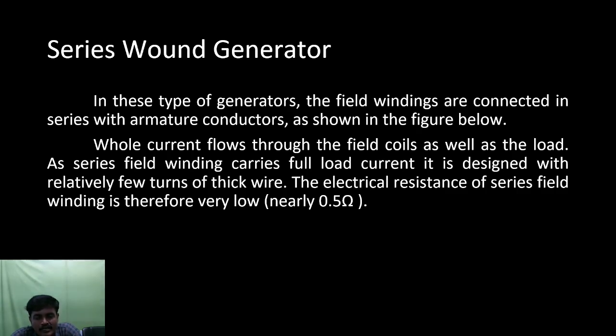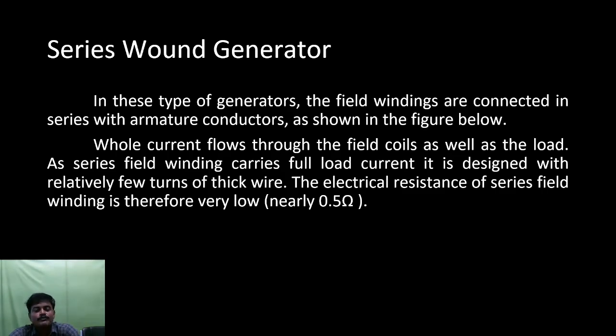The whole current flows through the field coil as well as the loop. So the entire amount of current from the armature is passed on to the load. A series coil winding carries full load current. It is designed with relatively few turns of thick wire.